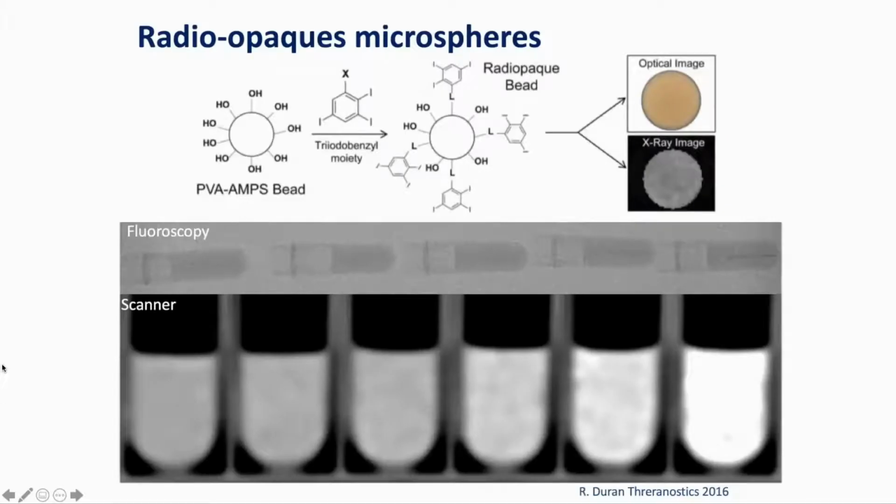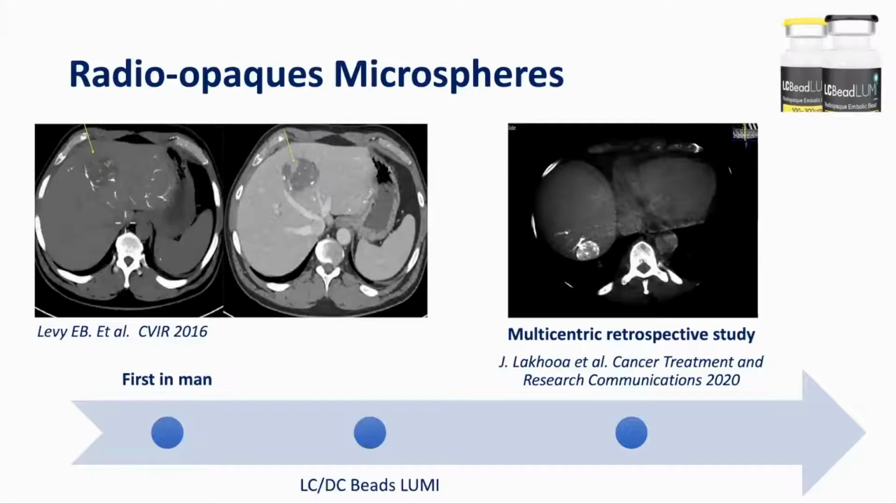So a new generation of these beads are radio-opaque microspheres. These radio-opaque microspheres are the same beads, but loaded with iodine that makes them radio-opaque. The first use in humans was described in 2016.